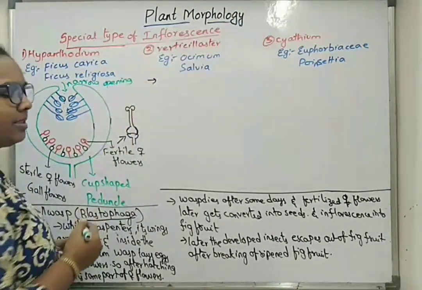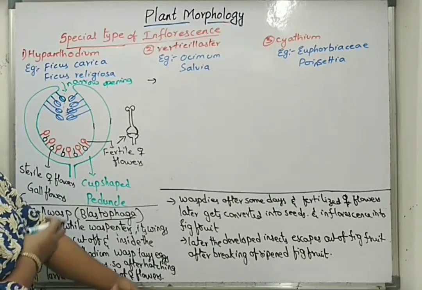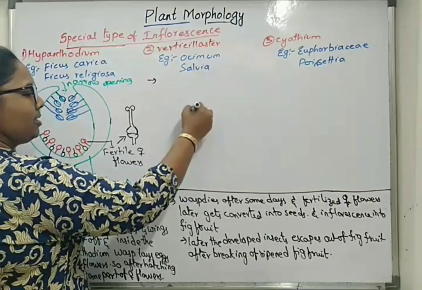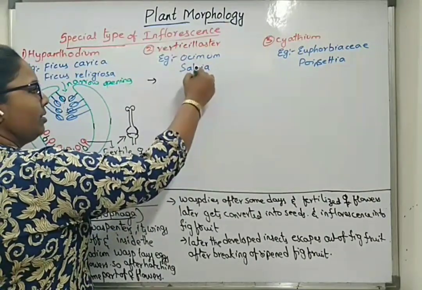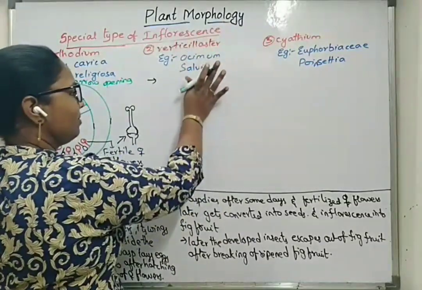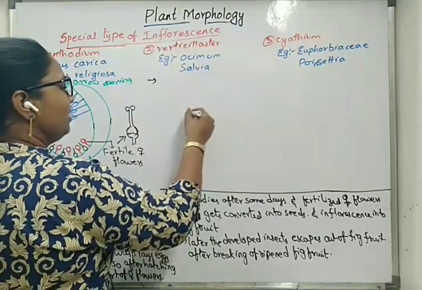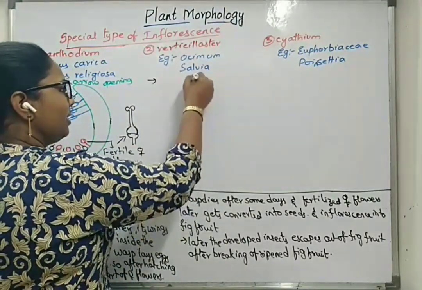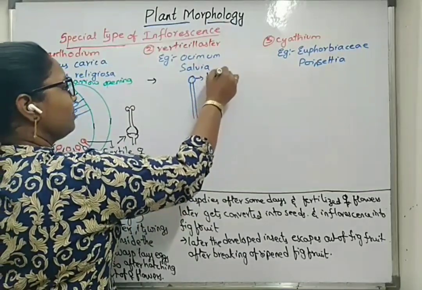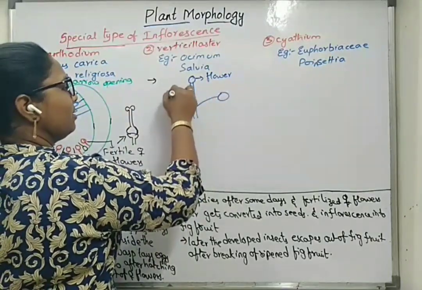Next, about Verticellaster type of inflorescence. Here we see initially the inflorescence gives rise to two lateral branches. Initially, the inflorescence gets terminated with a flower. It gives rise to two lateral branches.